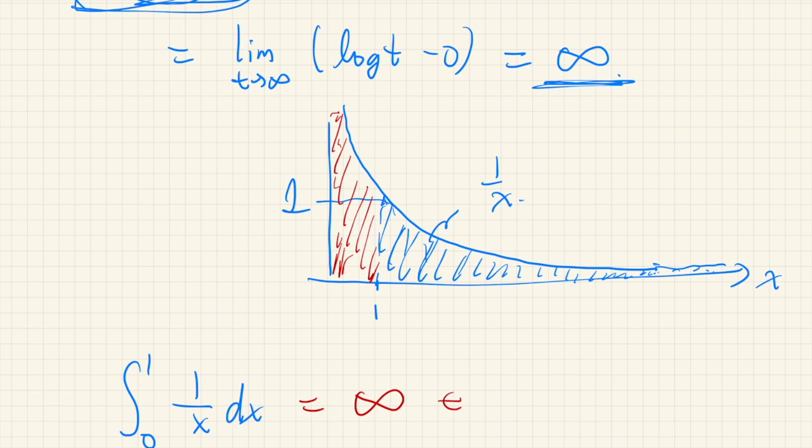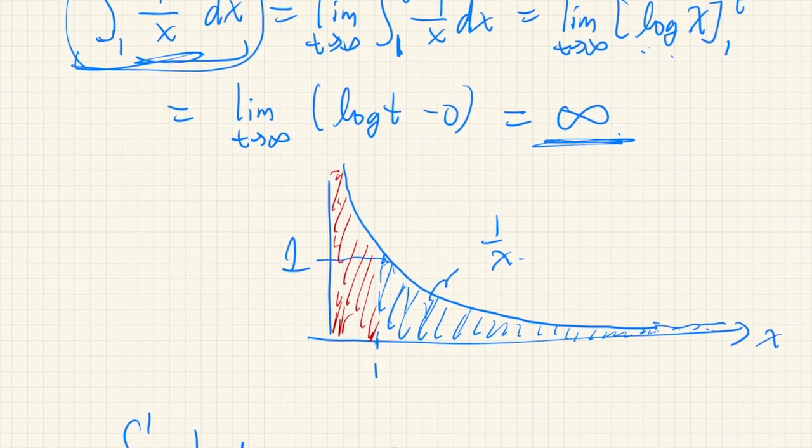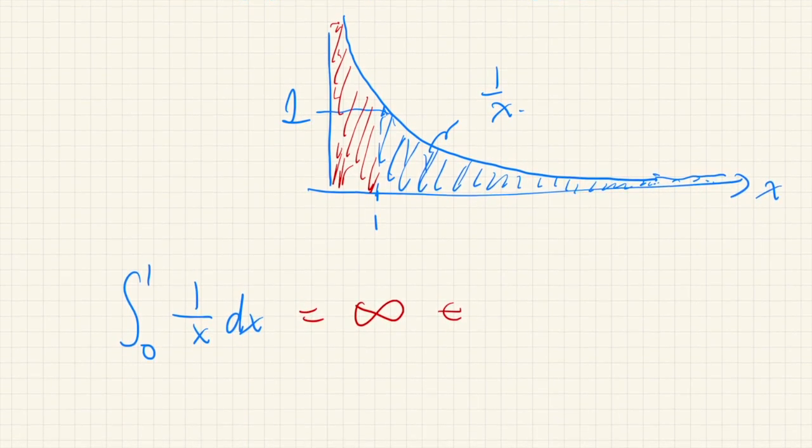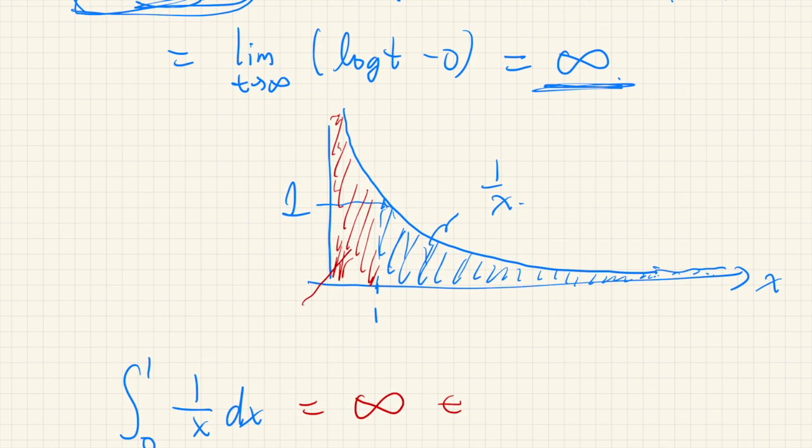Actually, this result can be obtained by symmetry. This red area is symmetric if you make a mirror image. So this part should be equal. Okay, wait a minute. This part should be, well, almost equal to this part, right? Okay, it should be equal to this part.